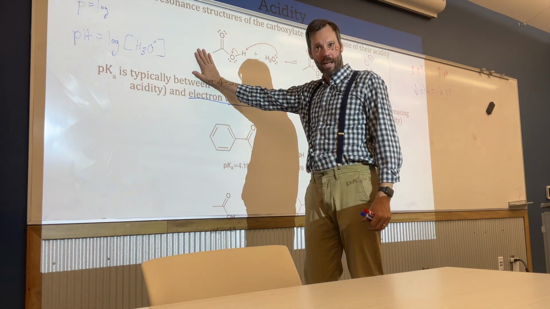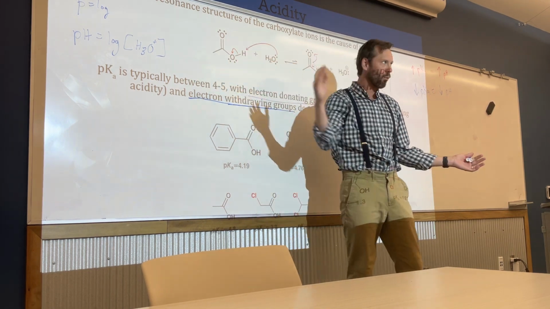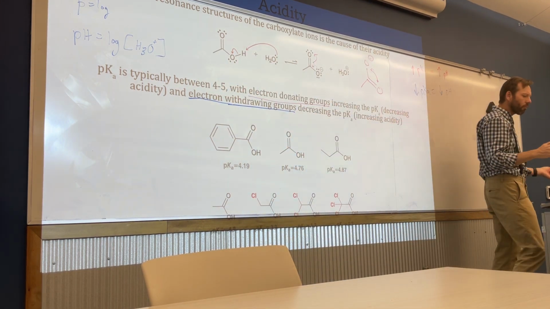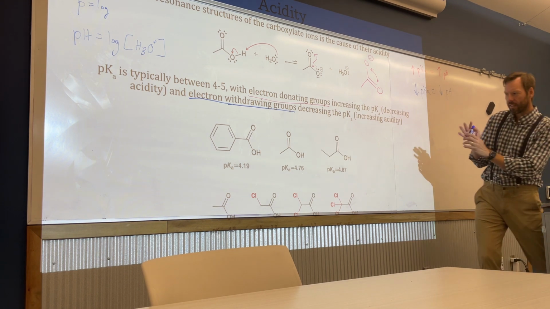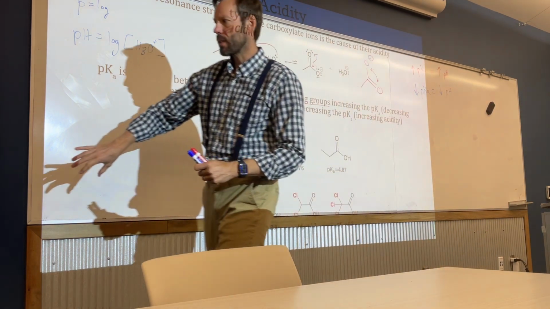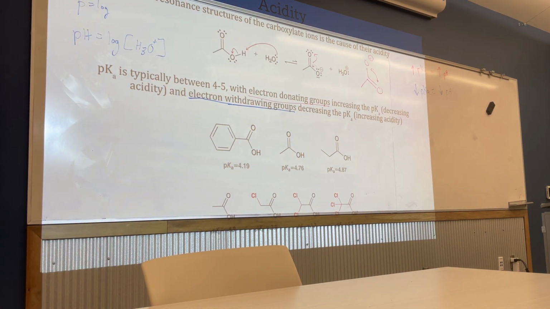So log base 10, right? Compressing that down. And so if you look at these different compounds, some of them are going to be more acidic than others, right? So this benzoic acid, in the grand scheme of things, has a relatively high pKa, right?